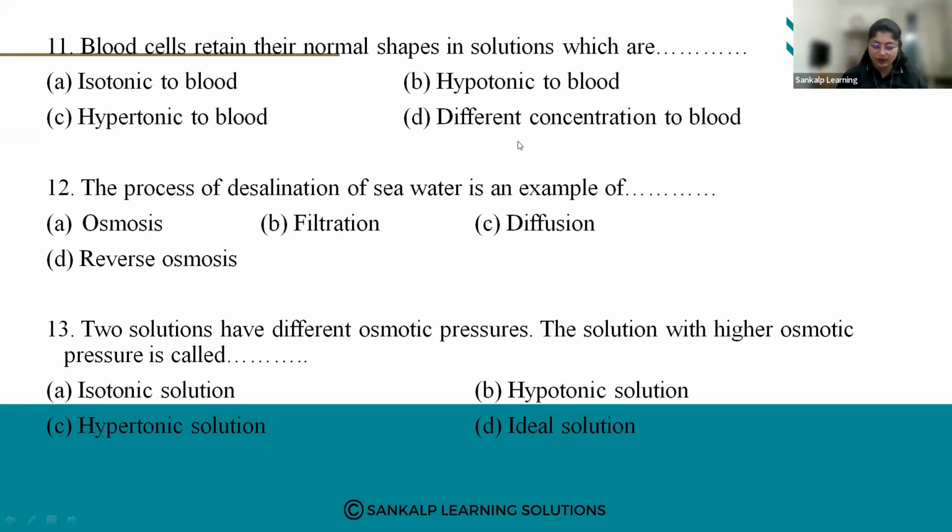I've got most of the answers now. So what are the options given here? Blood cells retain their normal shape in what type of solution? Now we'll see what is meant by isotonic, hypotonic, and hypertonic. What do you mean by isotonic solutions?